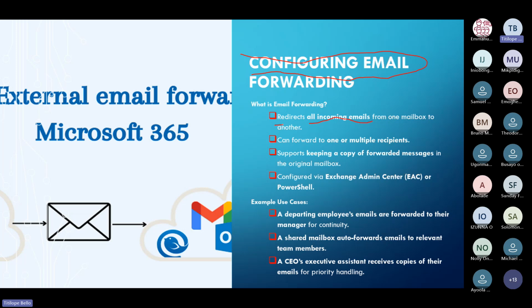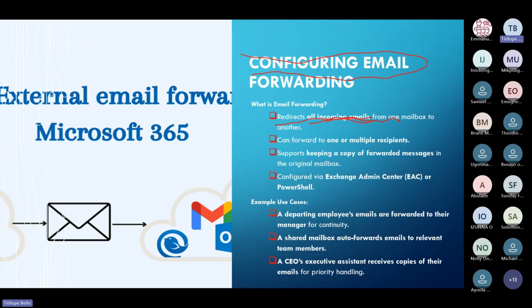However, the administrator can also do that by going to Exchange Online, picking a mailbox and setting the forwarding, or creating a rule. In this case, we will create a forwarding rule that says any email that comes into a particular mailbox should be automatically redirected to another set of people.